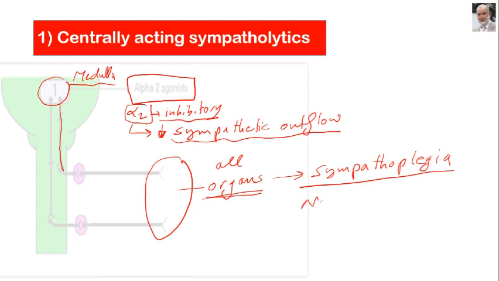Of course, non-selective action, because they will inhibit sympathetic outflow to all body organs, including the GIT, the cardiovascular system, the heart and blood vessels, pupil of the eye, mouth, sexual organs; all will be affected. In this case, they will produce non-selective or widespread actions.